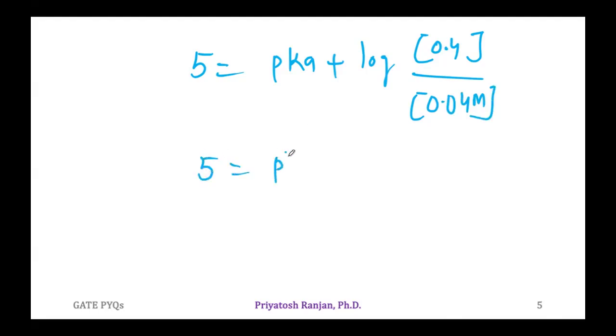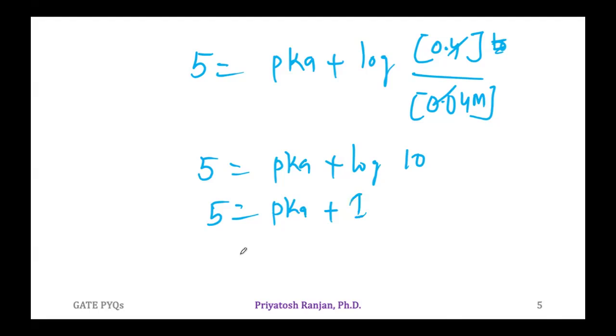This is going to be pKa plus log. So this value is going to be log 10. So now we can calculate the pK. 5 equal to pKa plus log, the value of log 10 is 1. So pKa is going to be 5 minus 1, which is going to be 4.